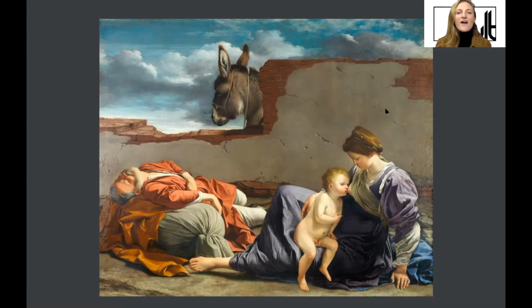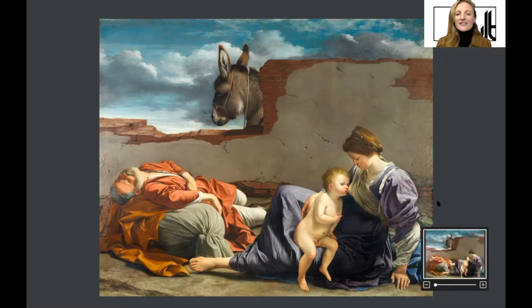And behind the wall, we have the aforementioned donkey, who we can only see in profile and only from the neck upwards. And then behind the whole scene, we have these wonderful fluffy clouds, which speak rather nicely to the fluffy donkey that we see before them.